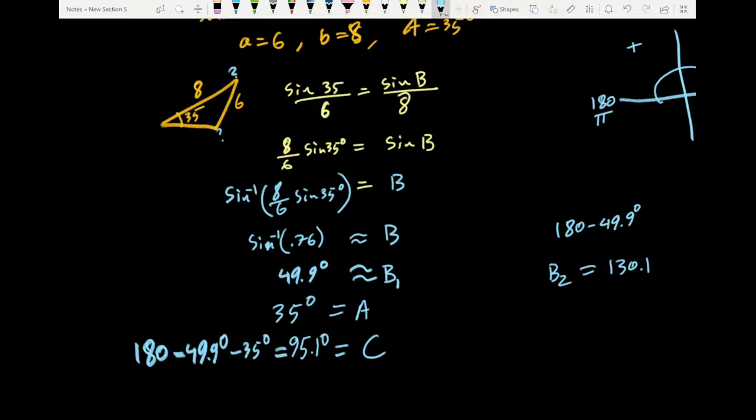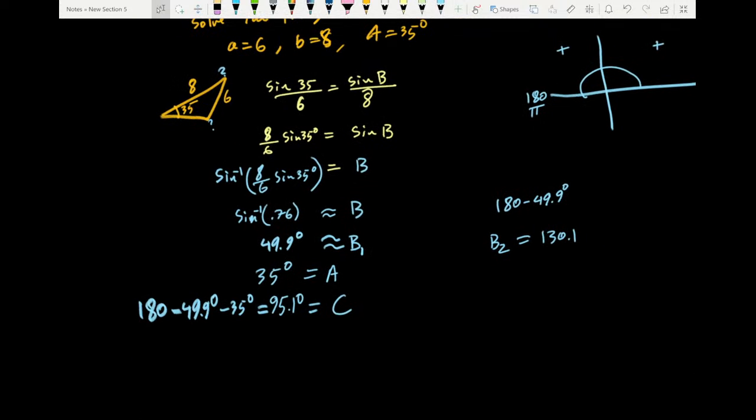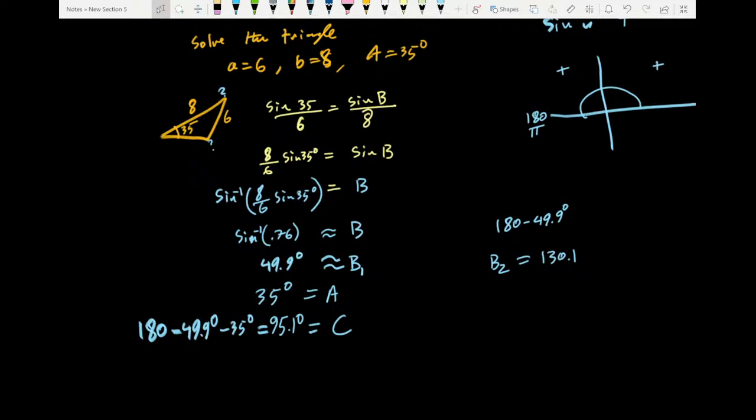This all works out nicely because when I add them, I get 180. So I have angle A, angle B1, which is 49.9 degrees, and angle C is 95.1 degrees. Now what's missing is the side C, and we could easily do that.